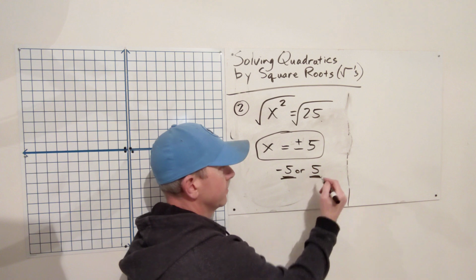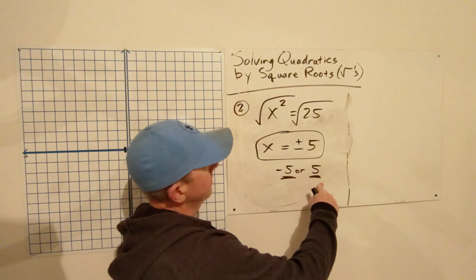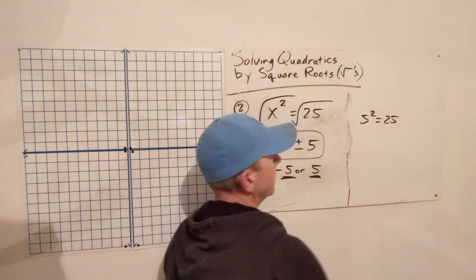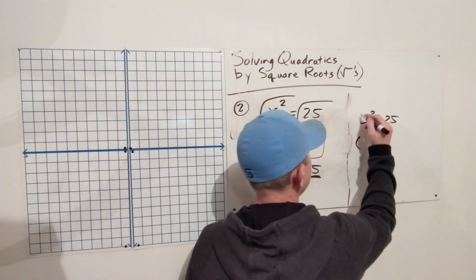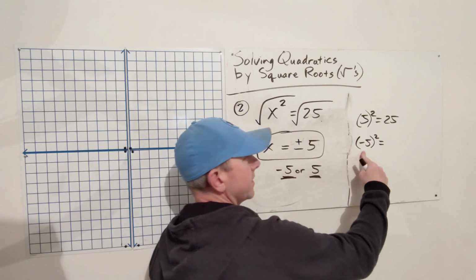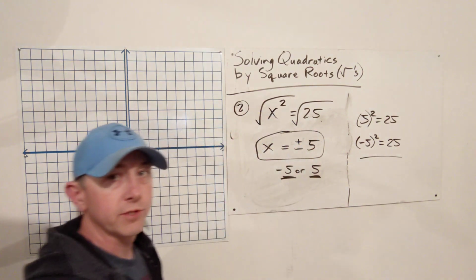There's really 2 answers there, right? And the reason we have to have negative 5 is most times everybody knows 5 squared equals 25. But if this were, in parentheses, negative 5 squared, negative times a negative is a positive 25. So that's why we get 2 solutions.